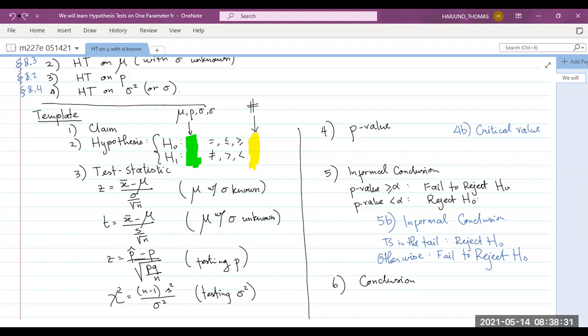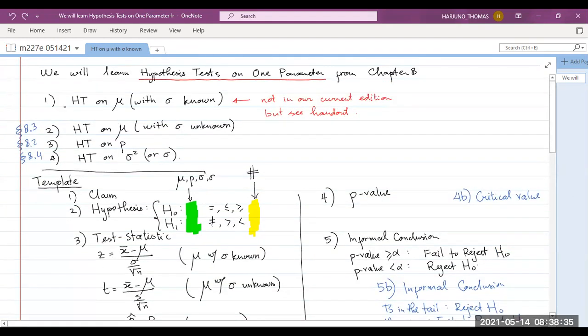Now let's start. Today, we will start with hypothesis testing on mu with sigma known. This section was in our older editions, the 10th edition, even the 11th edition, I remember, but suddenly disappeared in the 12th and 13th editions, which is our current edition.